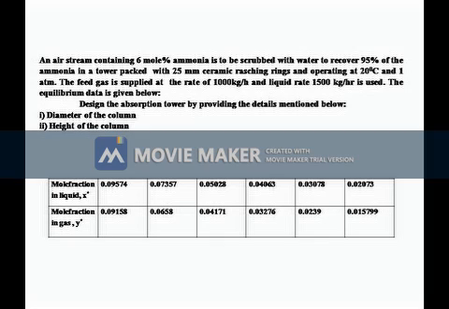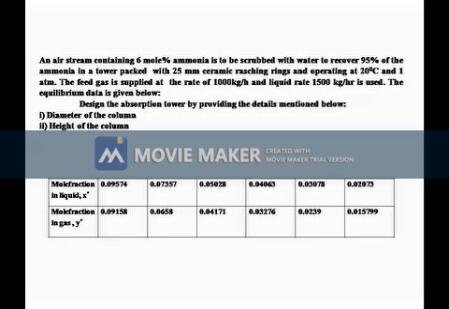The feed gas is supplied at a rate of 1000 kg per hour and the liquid rate of 1500 kg per hour is used. The equilibrium data is given in mole fraction.